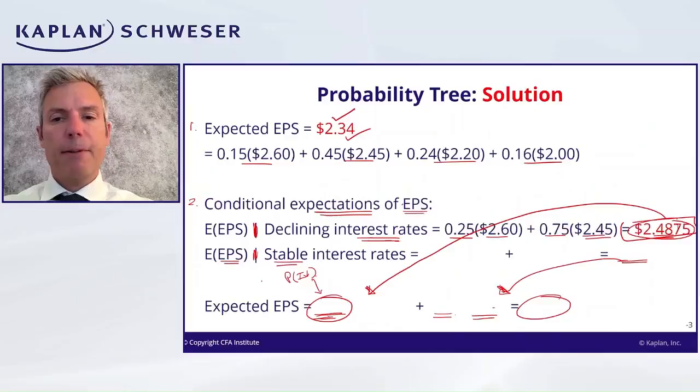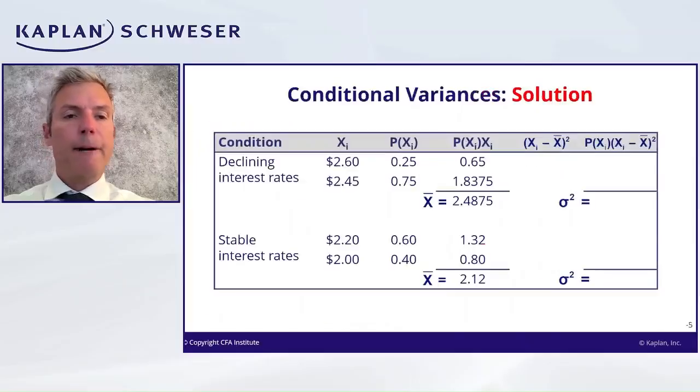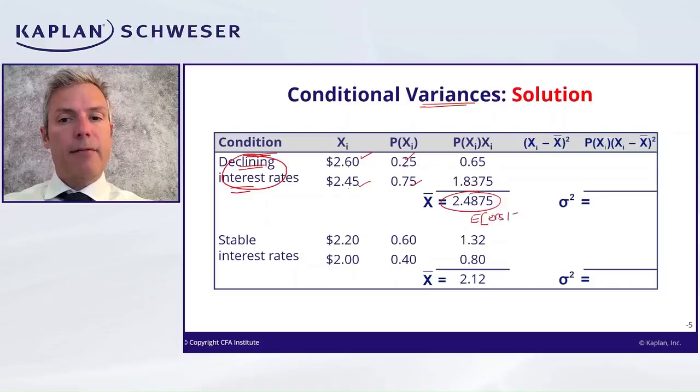So that's what's going to happen in the next slide here. When we think about declining rates and we're thinking about variances expected, given that we know rates declined, we know we could have earnings of 2.60 and 2.45 with those probabilities. They were in the tree. We can probability weight those observations and add them up, and we get the expected earnings given that rates have declined.